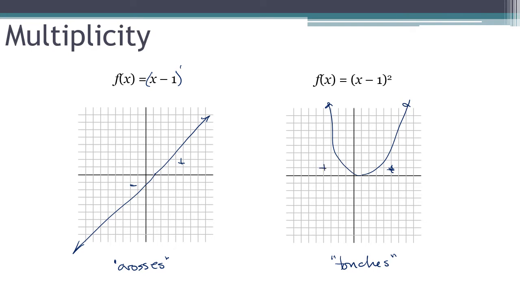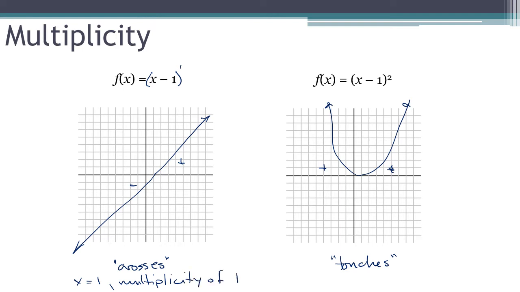So to determine this crosses versus touches behavior, what we really care about is whether or not the exponent is odd or even. And it's this exponent that is what we call the multiplicity. So over here with my linear equation, I would say the root x equals 1 has a multiplicity of 1.